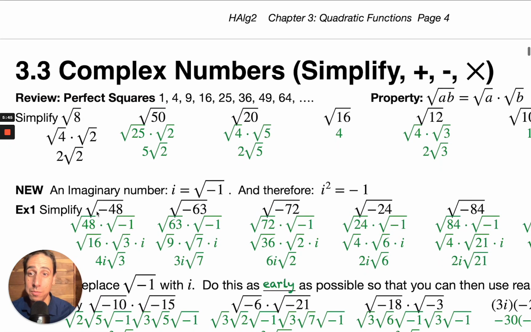So if you wanted to simplify the square root of -48, you could split that up. And the absolute very first thing that you've got to do when you have the square root of -48 is split it up into the -1 and 48, because really this property does not apply for imaginary numbers.